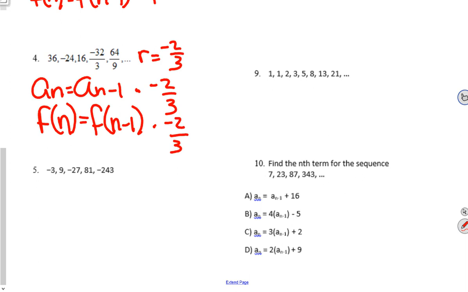So when I plug these numbers into my formula, I need to figure out what works. If I look at these and figure out which pattern will fit, I can figure out that answer B is going to be my correct answer.